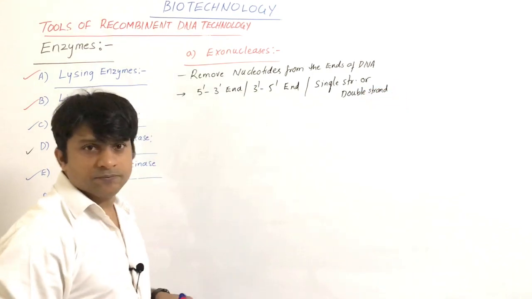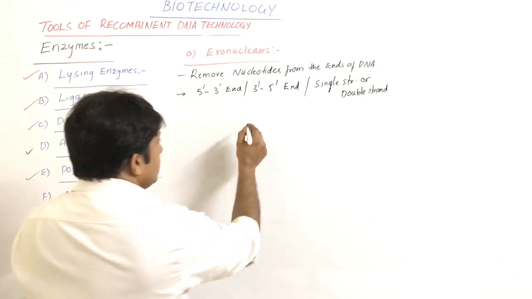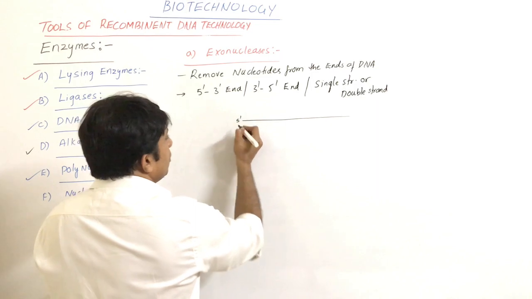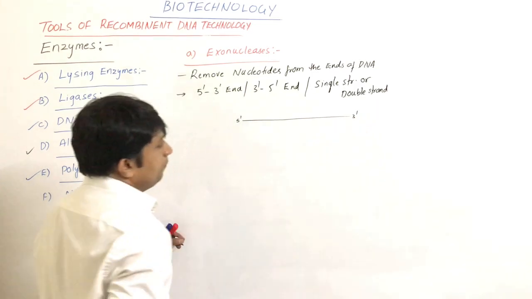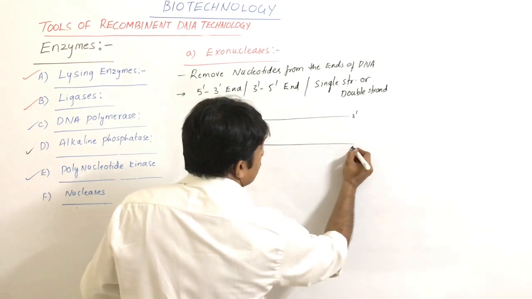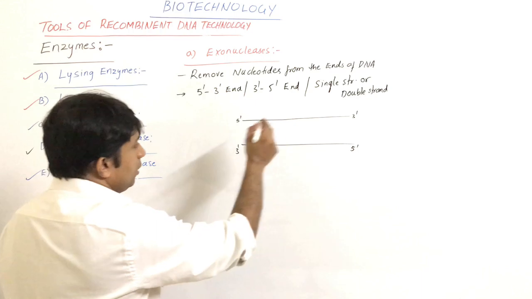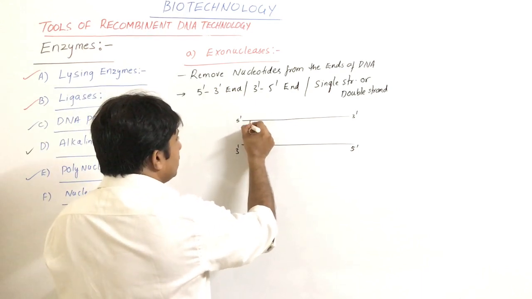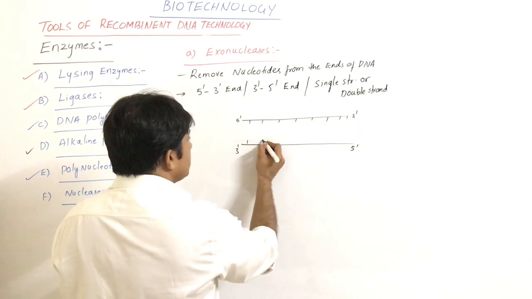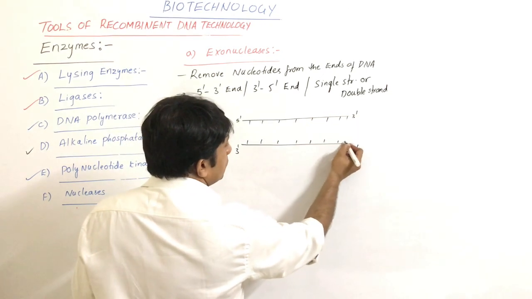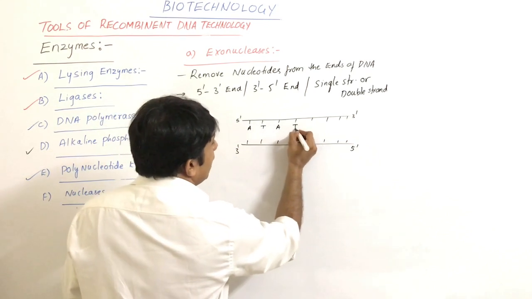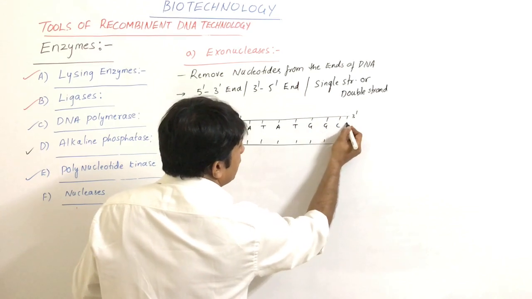Double strand DNA. Right, to make it clear, so we have a DNA strand which is from 5' to 3'. This is from 3' to 5'. So imagine we have all the nucleotides, like for example, this is adenine, this is thymine, this is adenine, thymine, guanine, cytosine.